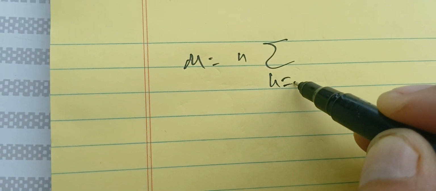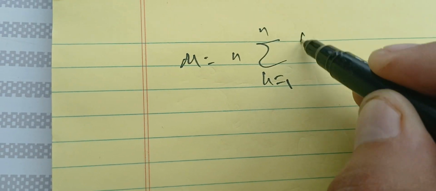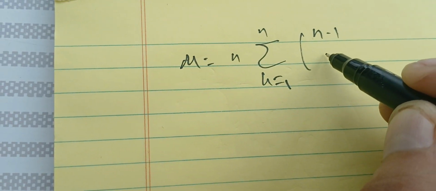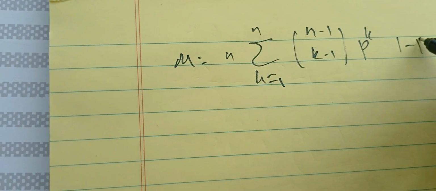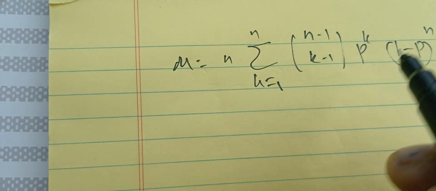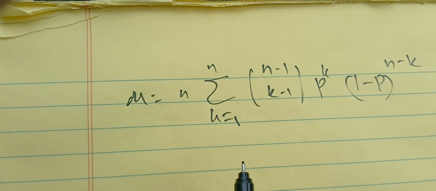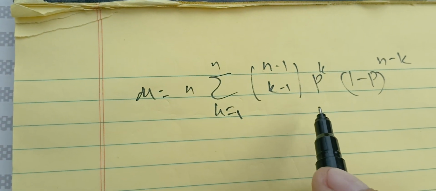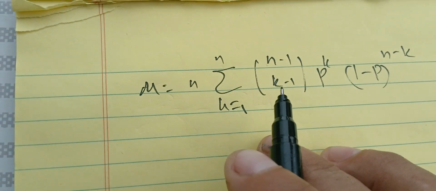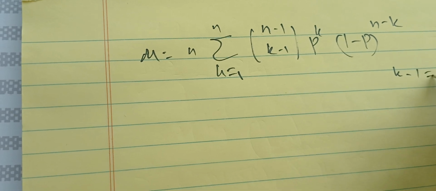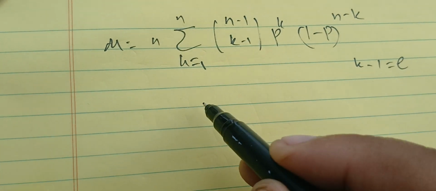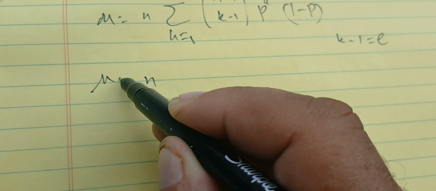So now my expression of the mean is n, the sum, k going from 1 to n, of n minus 1 choose k minus 1, p to the power k times 1 minus p to the power n minus k. So I'm going to use a change of index. There is another way to do this, but the change of index will help us. If I let k minus 1 equal L, n is going to be the same.